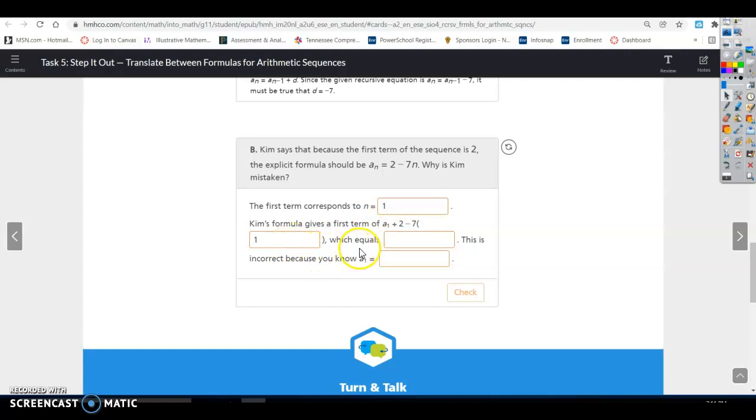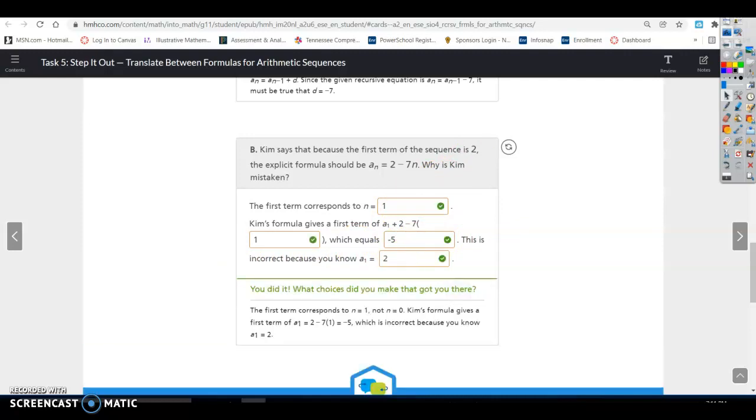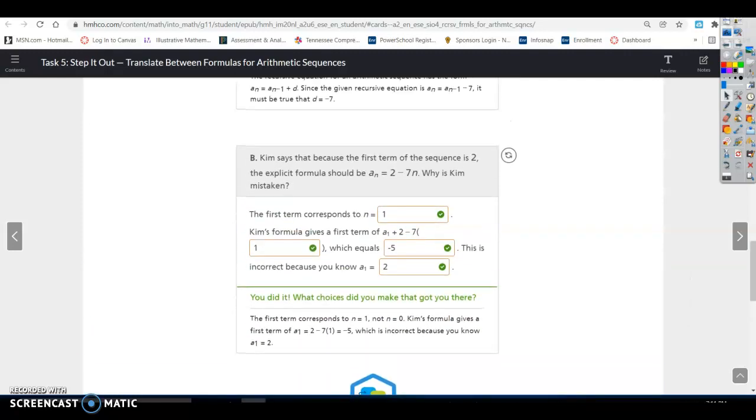Substitute 1 in for n, so it'd be negative 7 plus 2, which equals negative 5. This is incorrect because we do know that our first term is 2. That's all for task 5. If you have any questions, let me know.